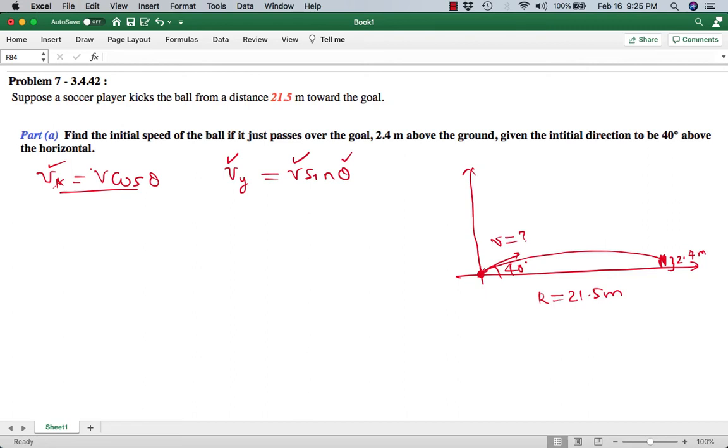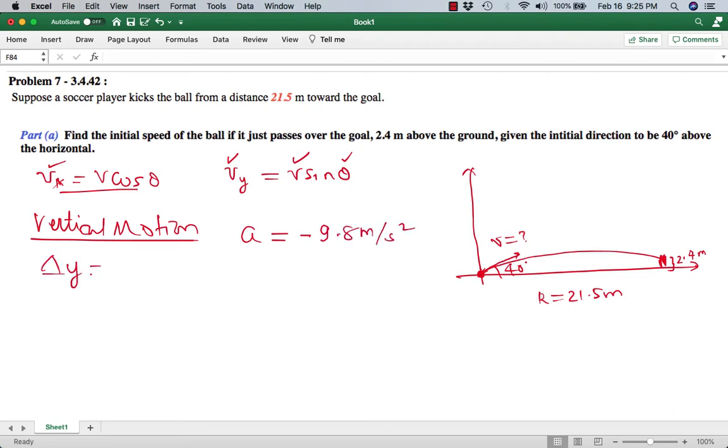So let's consider the vertical motion. Again, for the vertical motion, a is negative 9.8 meters per second squared. Delta y, what about delta y? Delta y here is not 0, because delta y means final height minus initial height.